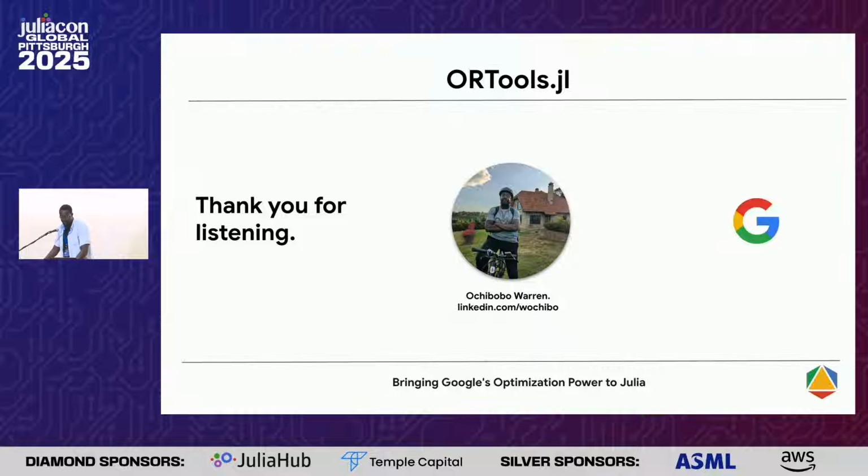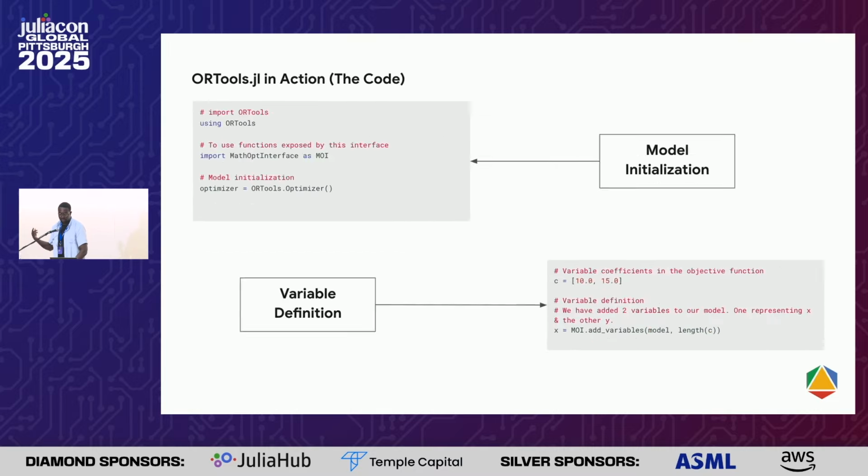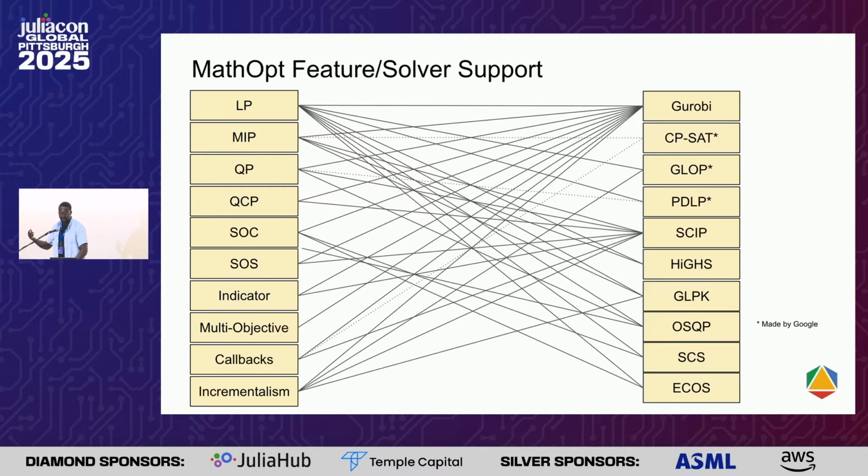So the first question was with respect to the gains of having this. You're right that other solvers already have existing packages in Julia, like SCIP has its package, HiGHS has their package. These solvers will also be offered through the ORTools interface, because they're also offered through Google.